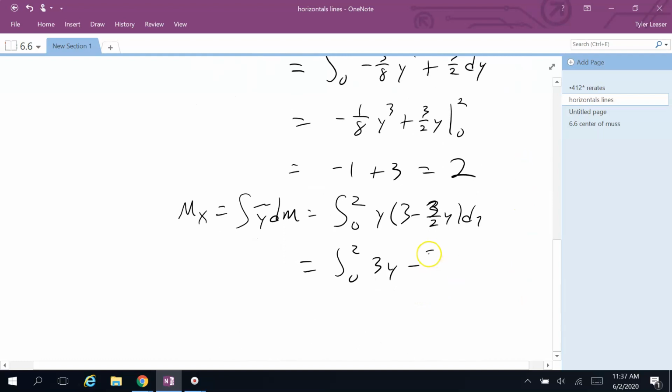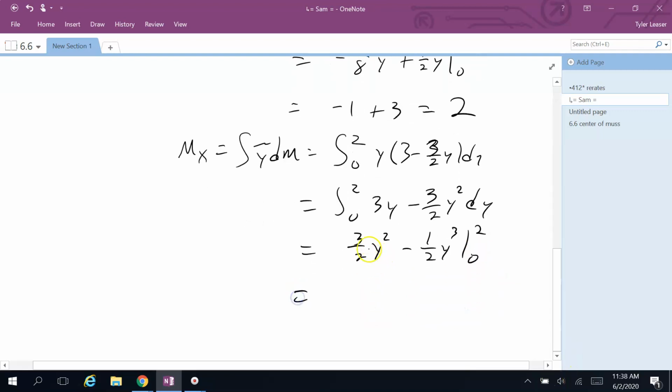Yeah, 3/2, but now it's going to be y squared. Antiderivative, 3/2 y squared minus 1/2 y cubed. That's from 0 to 2. If I plug 2 into this one, I'm going to get 6. Minus if I plug 2 into this one, I'm going to get 4. 6 minus 4 really is 2.